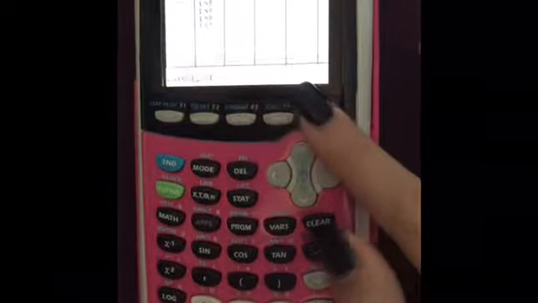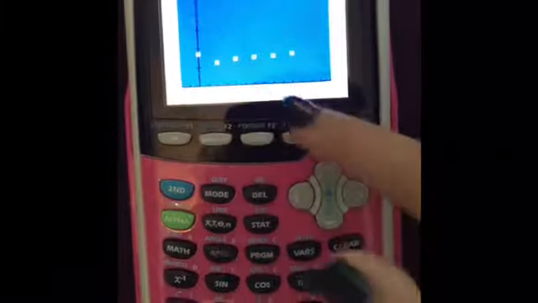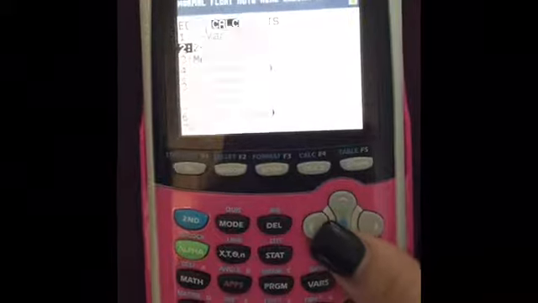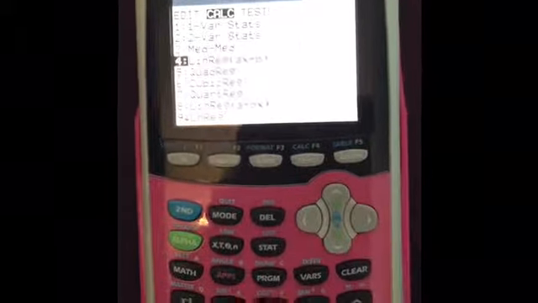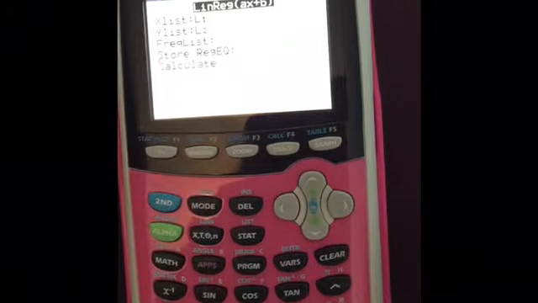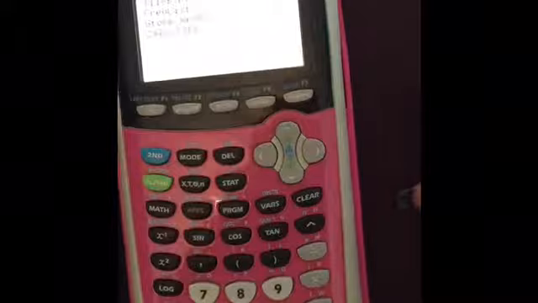Go to graph. So that's those plots. Okay, stat. Go to calc. Go down to line reg. The fourth option, right? Yeah. Hit enter. Now go down to calculate.